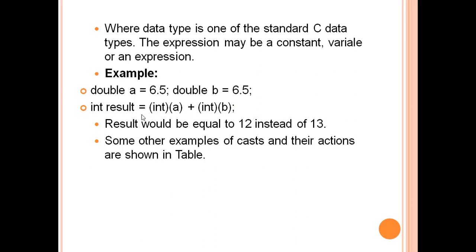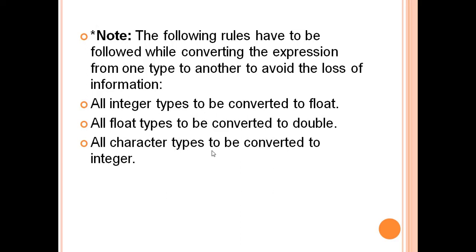And the result here is 12. 6 plus 6, that is 12, not 13. If you write normal a plus b, then the result is 13. But what we are doing here is using the cast operator. This cast operator converts this 6.5 to 6 and this 6.5 to 6, and the result is an integer result, that is 12. Some other examples are shown here.